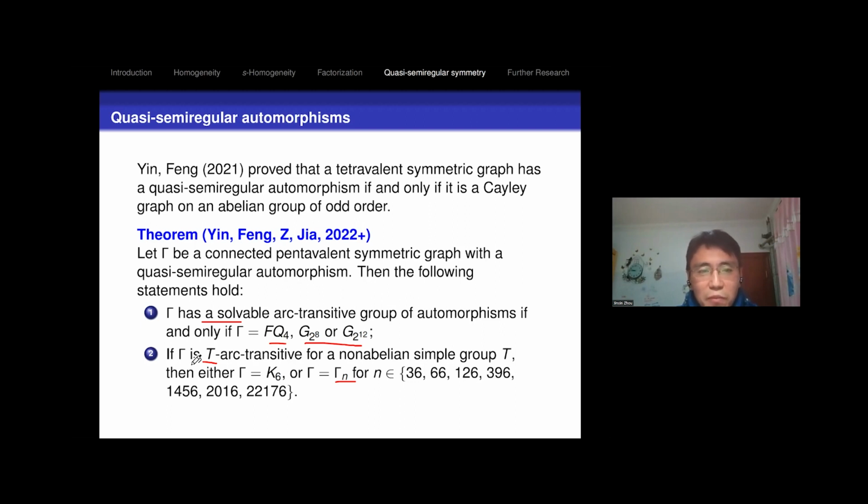Actually, we can further prove every such graph is a normal cover of one of these, and for this case, we can prove there are infinitely many regular covers such that every cover graph has a Cauchy semi-regular automorphism.